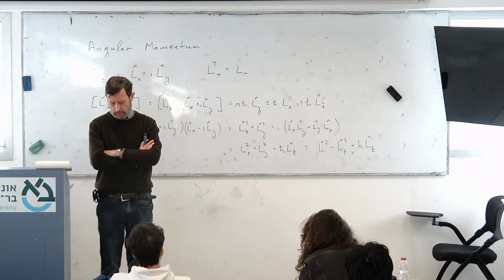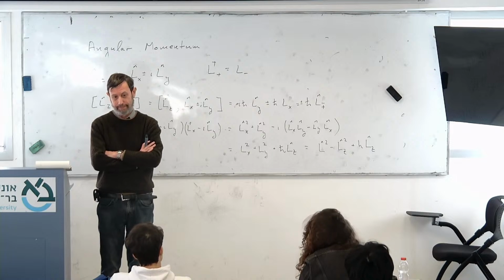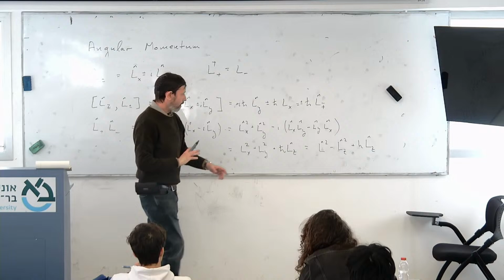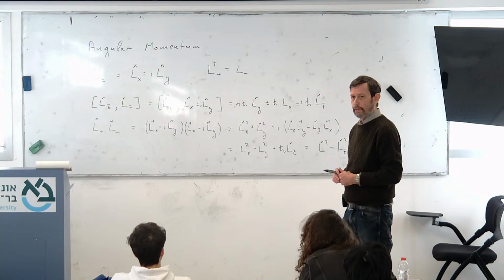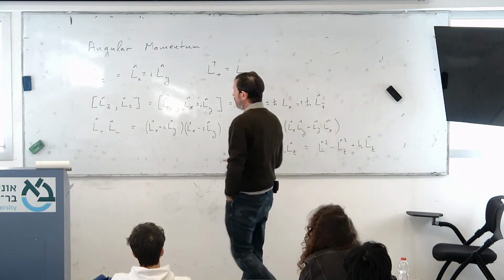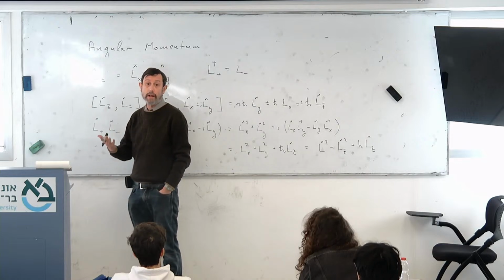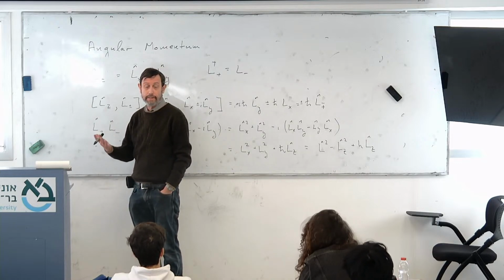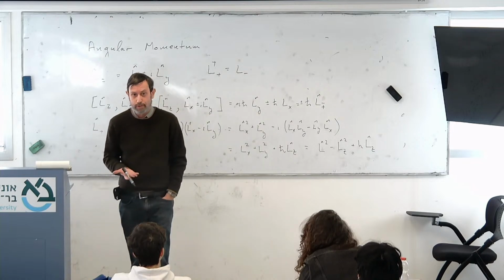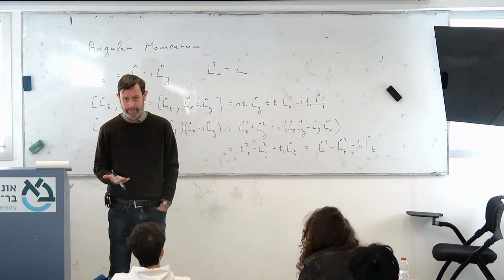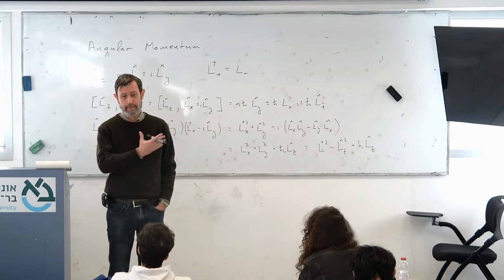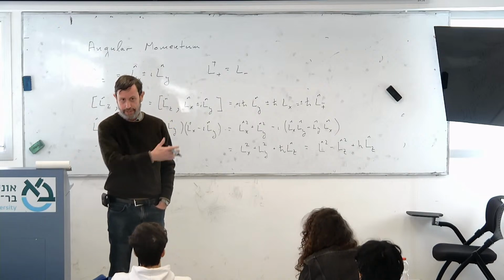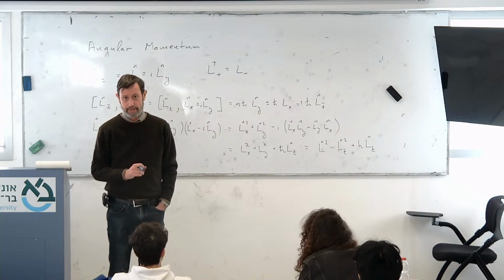Because L squared, as we have written, is Lx squared plus Ly squared plus Lz squared. And after all this exercise, what do I learn? That L plus times L minus has the same eigenvectors as L squared or Lz because it commutes with them. Somewhat similar to the fact that N has the same eigenvectors as H in the harmonic oscillator.